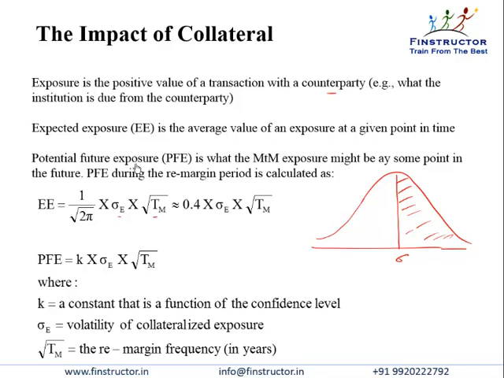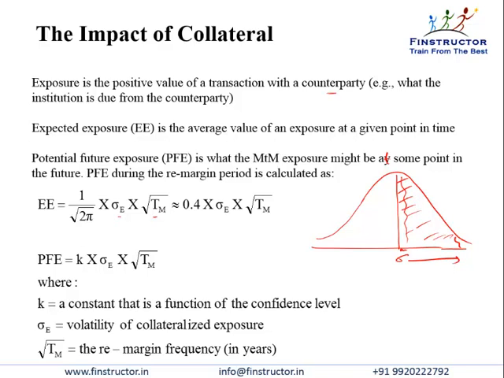The potential future exposure is what the mark-to-market exposure might be at some point in the future. So potentially we may have no profit at all, or potentially we may have a large profit and hence a large credit exposure.